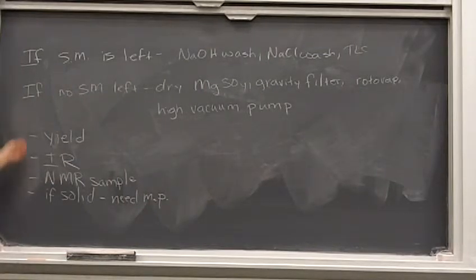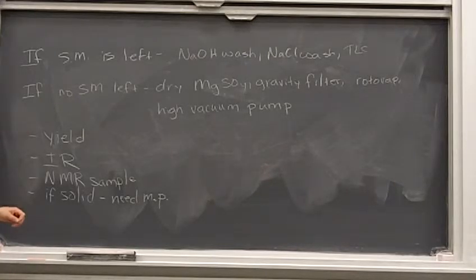So these 4 things need to be collected from your data, all right? The melting point is just dependent on whether you have a solid or not. And then in a minute here, we'll go through what the report form looks like. We'll talk about where you're going to report all this information, okay? And then you also do have the TLC analysis of your crude product as well, all right?